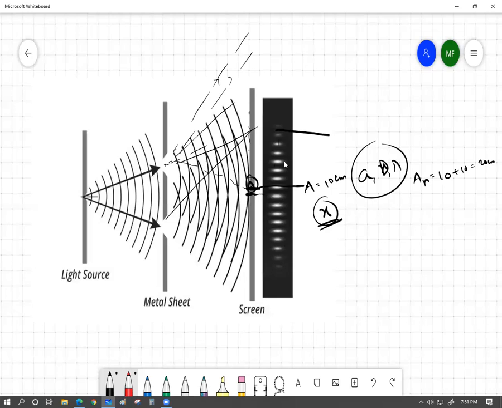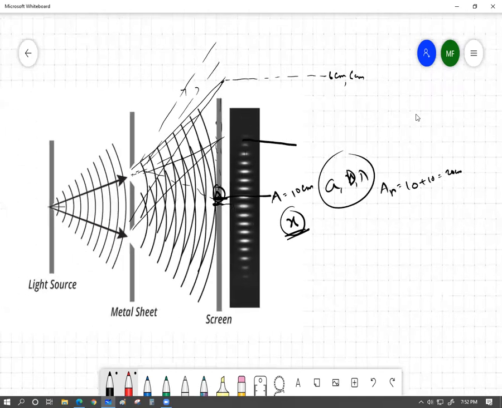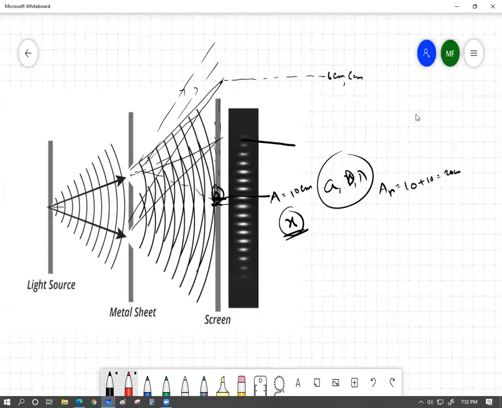But consider a point significantly farther away, let's say we have a bright spot right over here. Within this bright spot, the amplitude of light that came from both of the sources got lowered by a significant amount. Let's say the individual amplitudes are 6 centimeter and 6 centimeter each. There will be a slight variation between them, but they would have pretty much the same amount of amplitude.